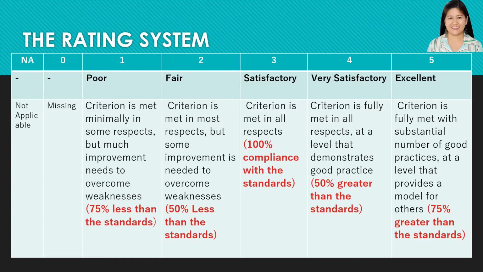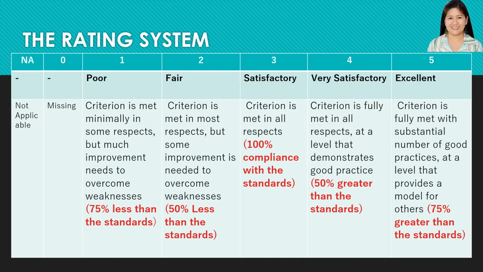So, in general, yung 1 refers to poor or the criterion is met minimally in some respects, but much improvement needs to overcome weaknesses. It means that the documents that we uploaded, the result of the interview, the virtual tour, or the ano pa ba, are 75% less than the standards.